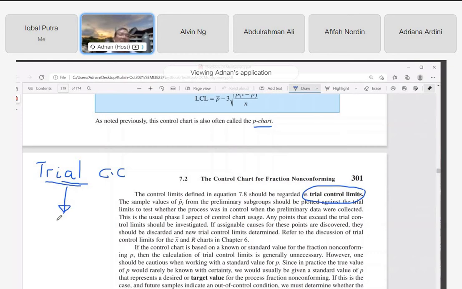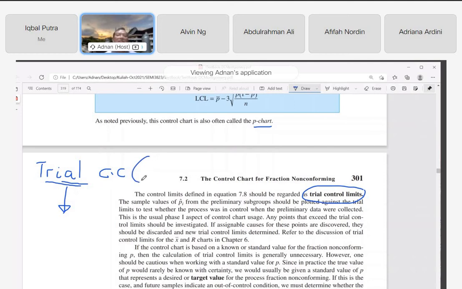If the process is still not stable, we revise it again. But for the purpose of this class, most of the time we assume one-time revision is enough, and then we get a new control limit. The new control limit is assumed to come from a stable process, and the revised control limit is used for monitoring the future process. Those are phase 2.